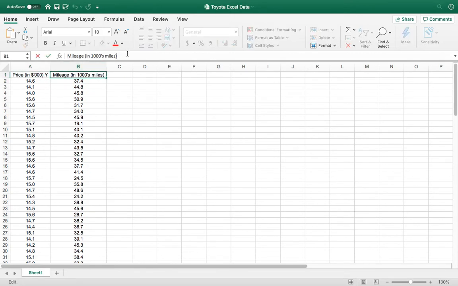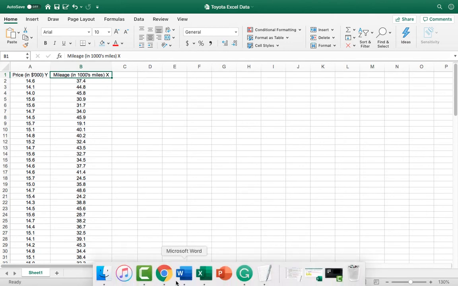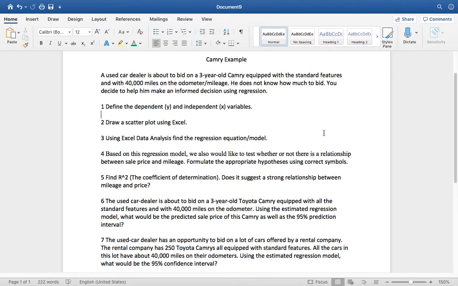The more miles it's got, probably the cheaper it's going to be, the less expensive it's going to be. So the dependent variable is price, which depends on mileage, and that's the first part of the question answered.